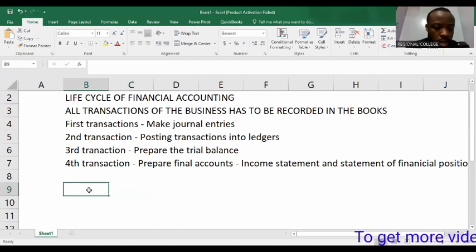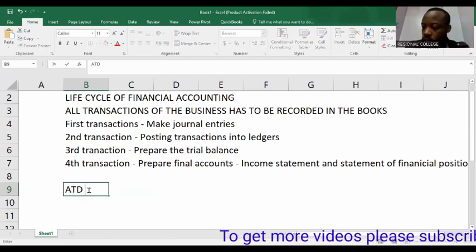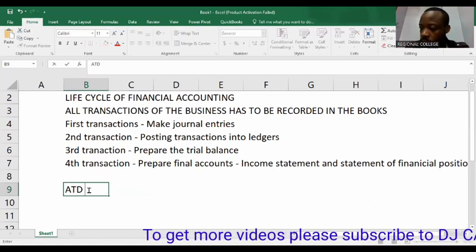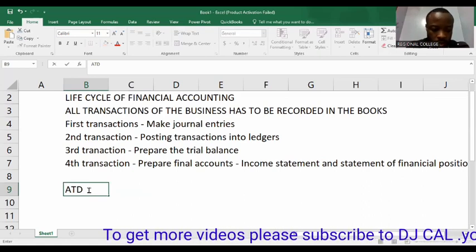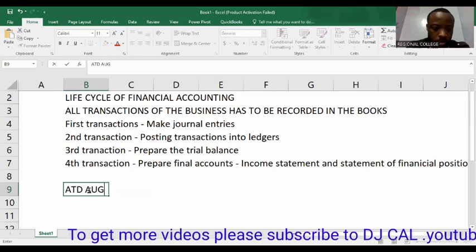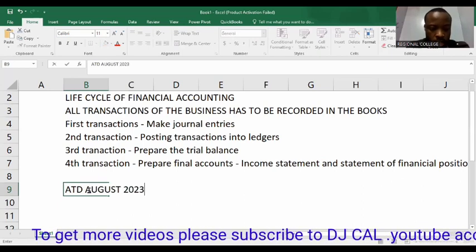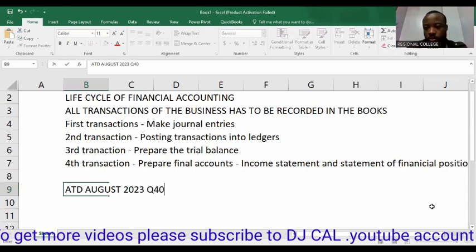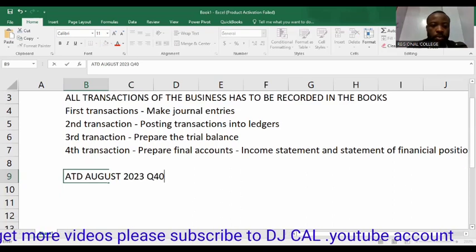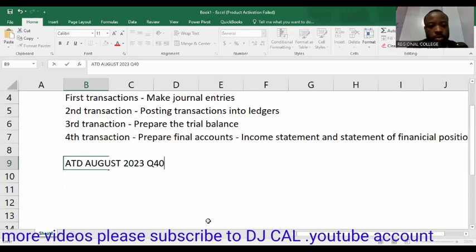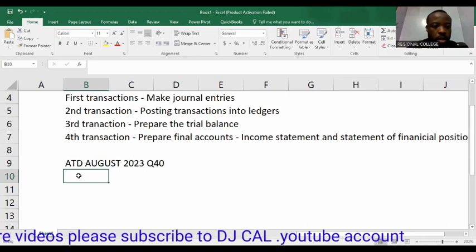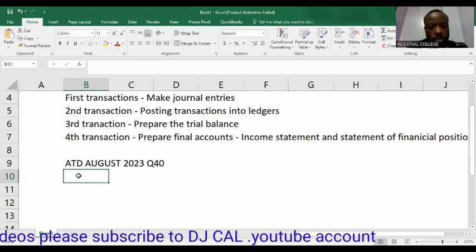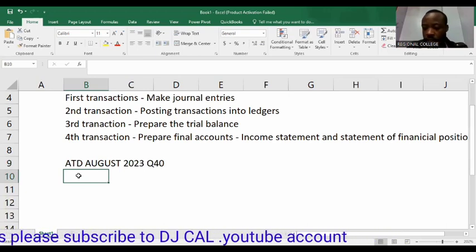So if you check ATD, August 2023, question 40. The question was asked this way so that a student can be able to answer it.